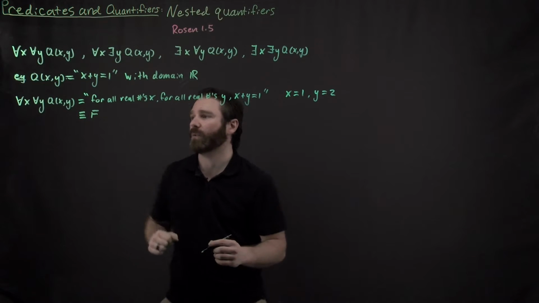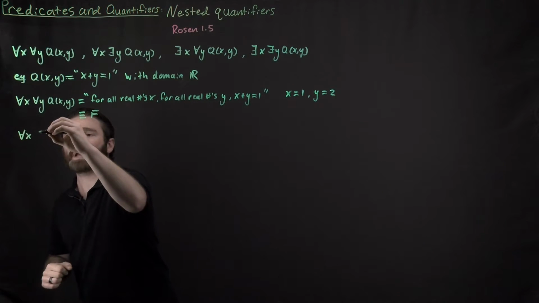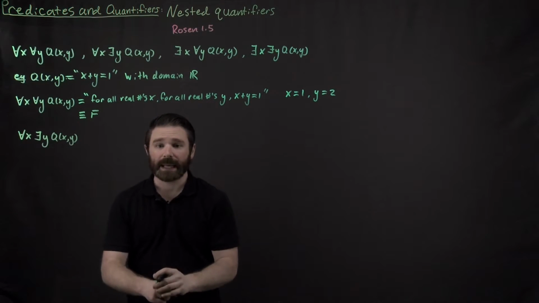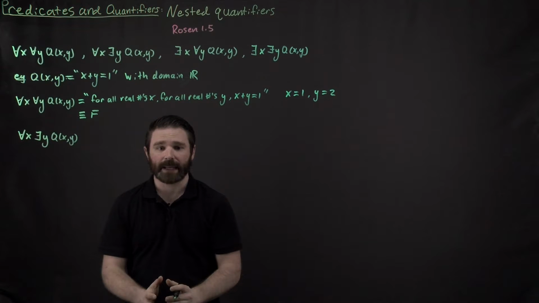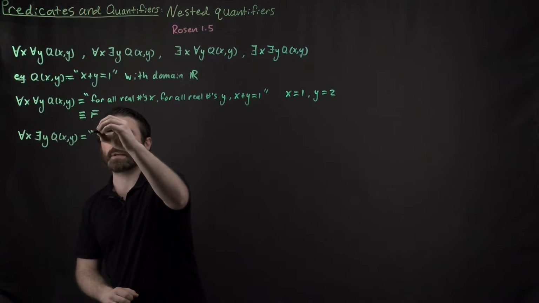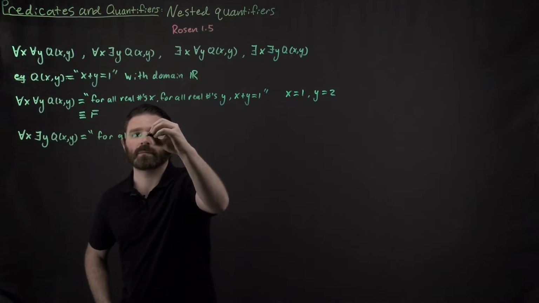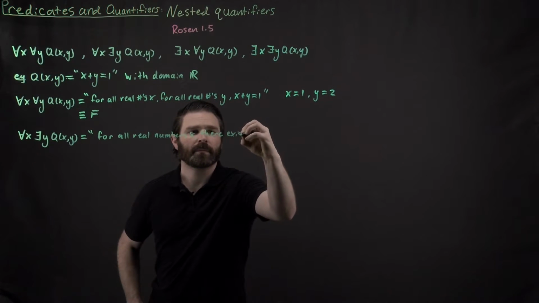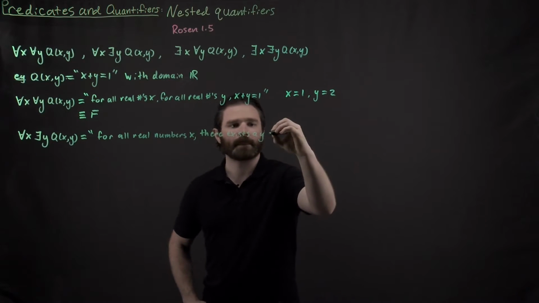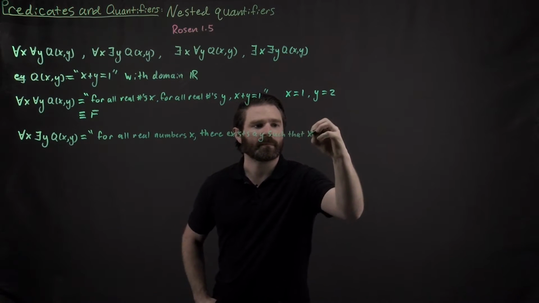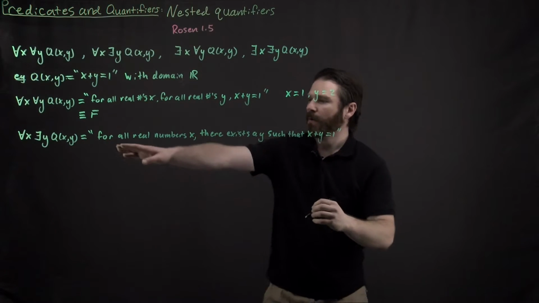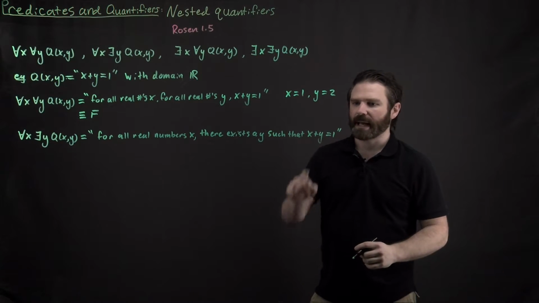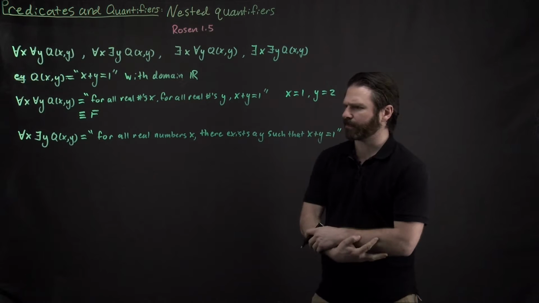Let's go ahead and move on to the next one and consider for every x there exists a y such that q of x and y. And again, to be able to understand this, I'm going to translate it back into English. So this is telling me for all real numbers x, there exists a y such that x plus y equals 1.